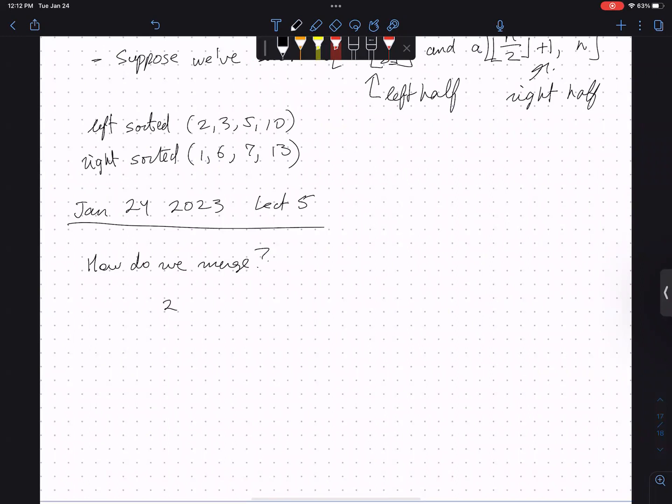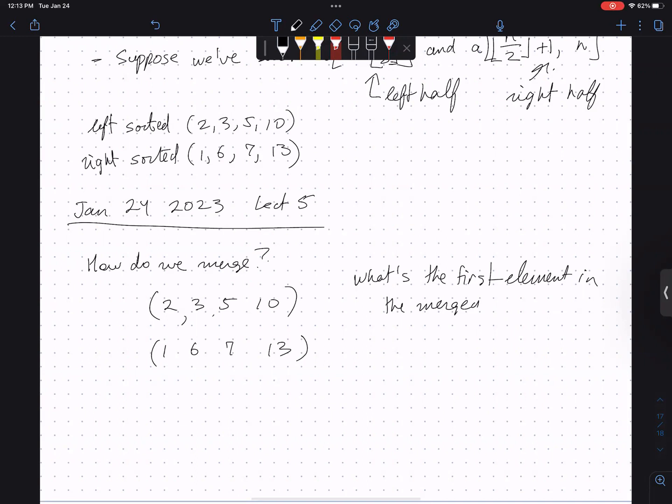So here they are: 2, 3, 5, 10, and 1, 6, 7, 13. What's the first element in the merged list? If we were to merge these into an output, the first element would be 1, right?